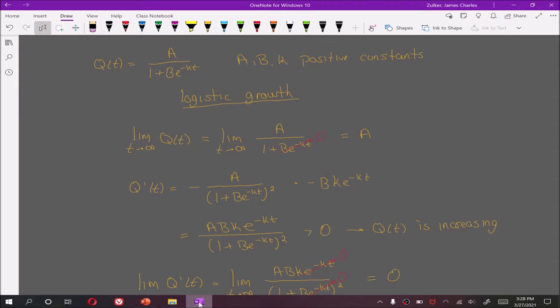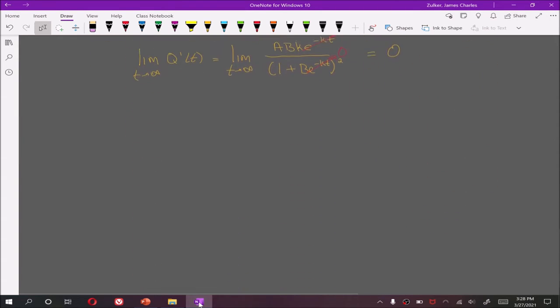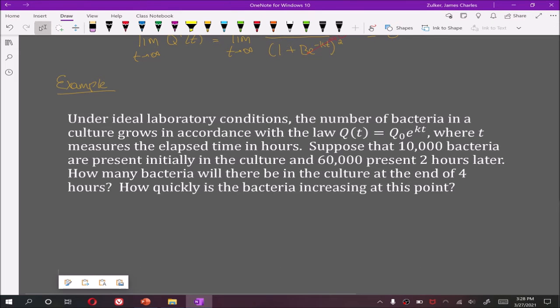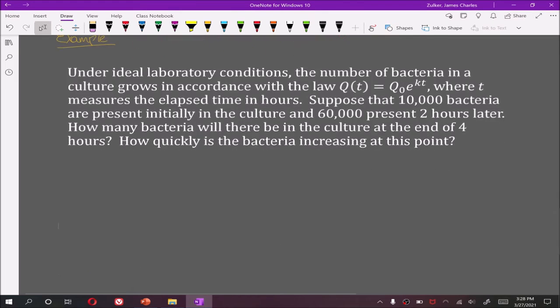Let's close out this video by looking at several examples. Start with this here. Under ideal laboratory conditions, the number of bacteria in a culture grows in accordance with the exponential growth law.